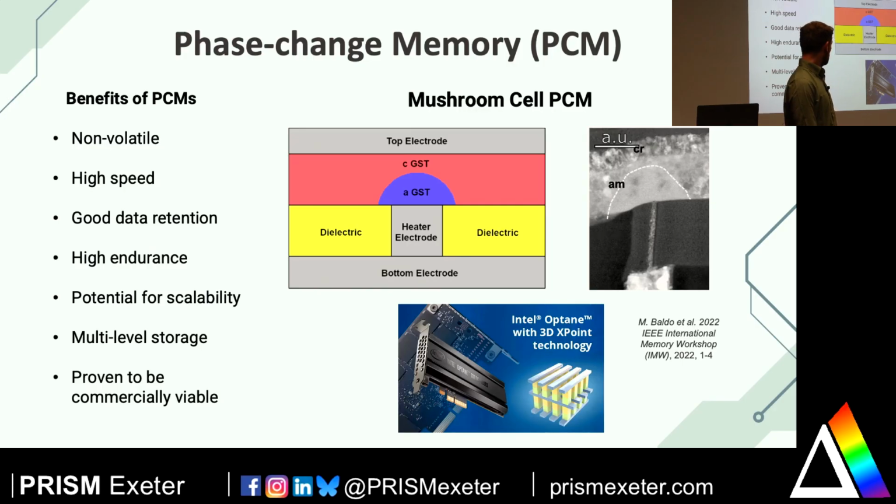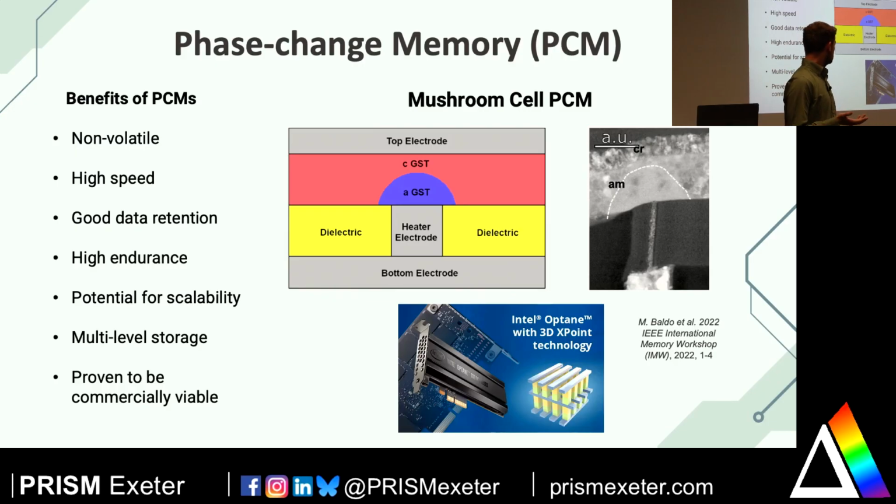By flowing a current through this material, you can cause it to heat up, because energy is transferred to the material as it resists the flow of electricity through it. This can cause transitions between our amorphous and our crystalline states.